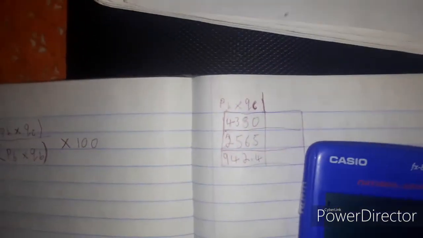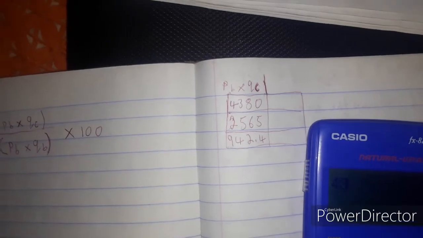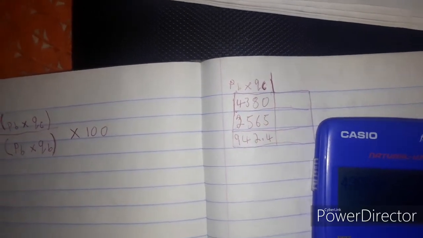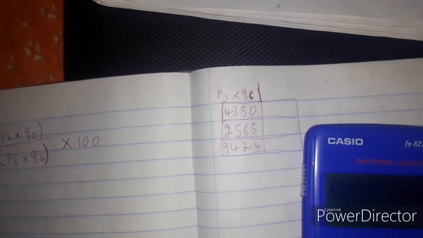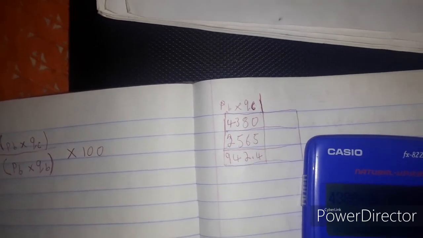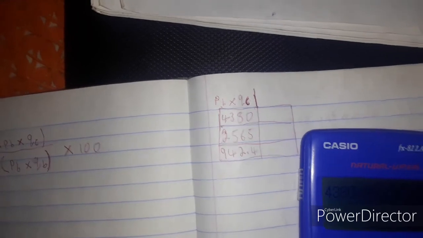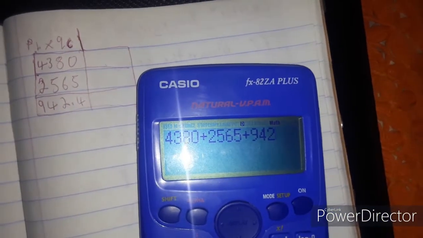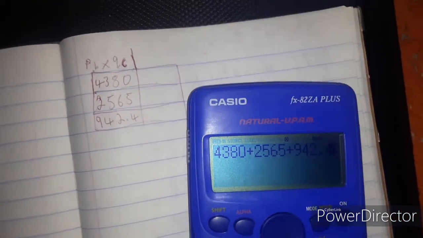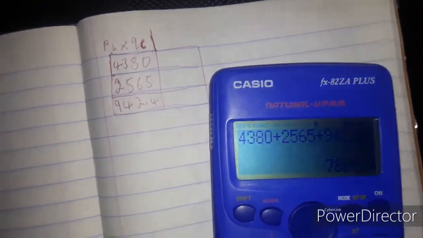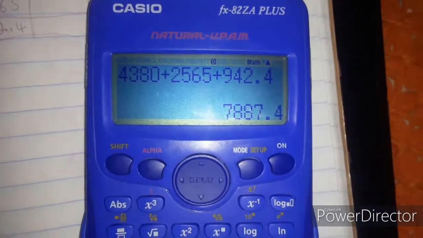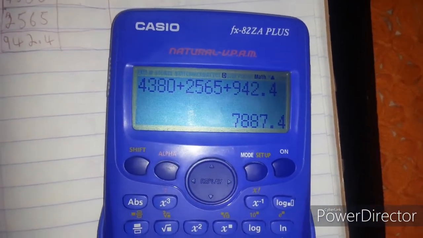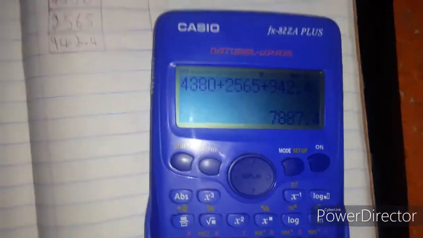So let's sum them. 4,380 plus 2,565 plus 942.4 is equal to 7,887.4.